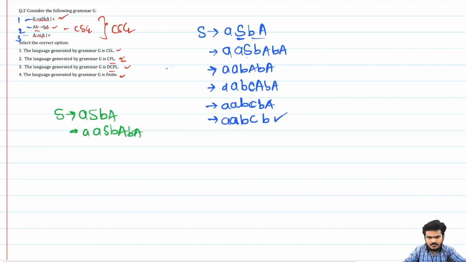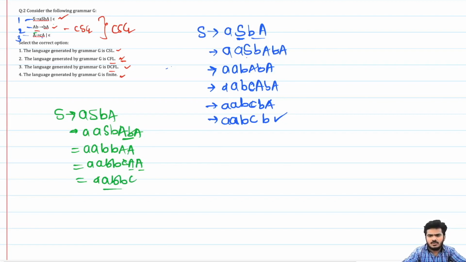Now instead of S I will replace it with epsilon, so this will become AAB, and instead of AB I will use BA, so this becomes BAA. Now instead of this one A I will use CA, so AABBCA, and this is the final A. Now instead of this A and this A I will use the production A produces epsilon. So AABBC.